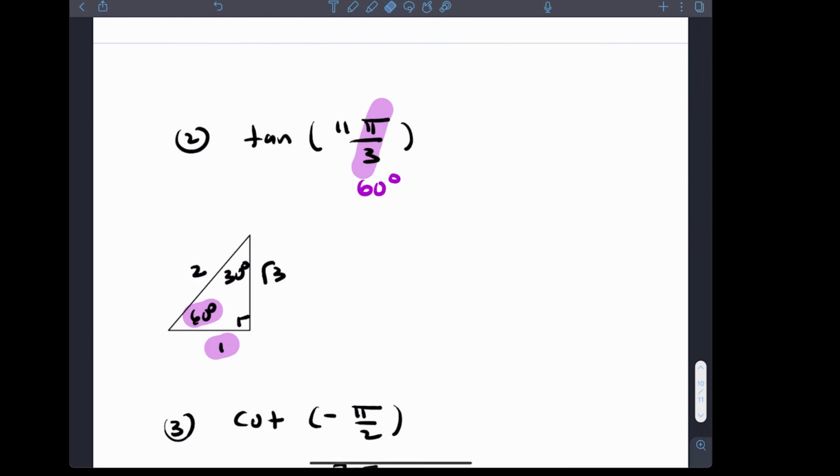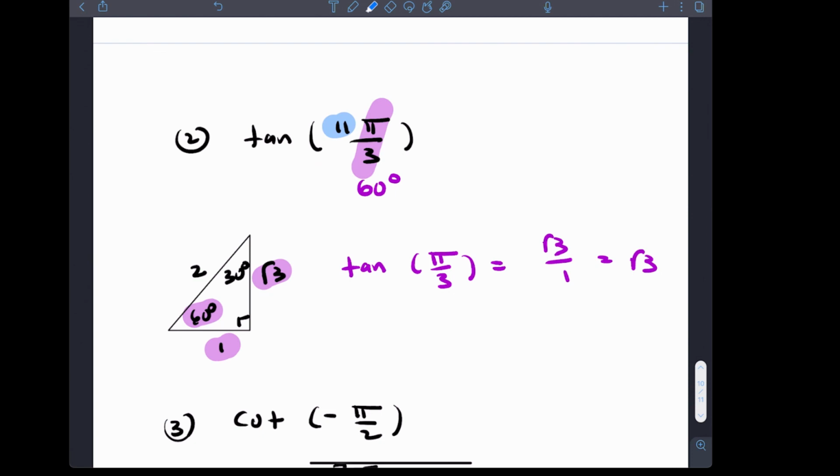What's the definition of tangent? Right? Tangent of pi over 3, which is 60 degrees, is, what's this, opposite over what? Adjacent. Is that true? So far, so good? Reference. Okay, now deal with this multiple.